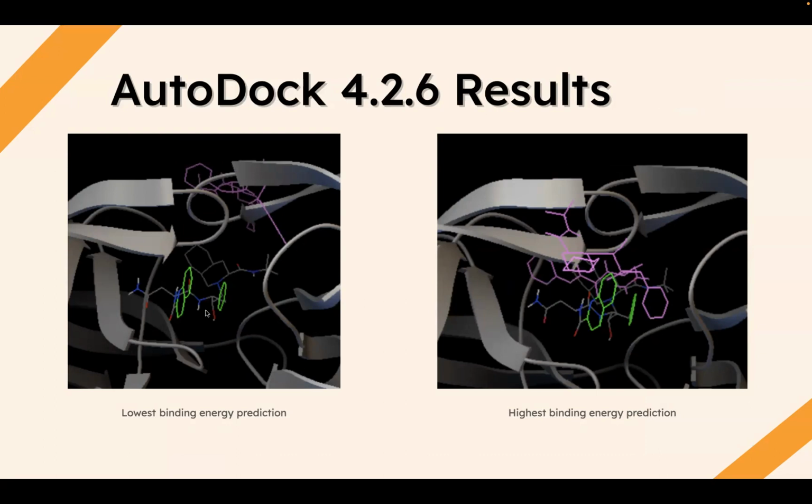It's not even in the binding area, versus the highest binding energy prediction, which is pretty similar. It was in the genetic algorithm, and there were no changes made except for doing 70 iterations instead of the standard, I think 30, that it says. So that was pretty good, seeing that there were no setting changes.